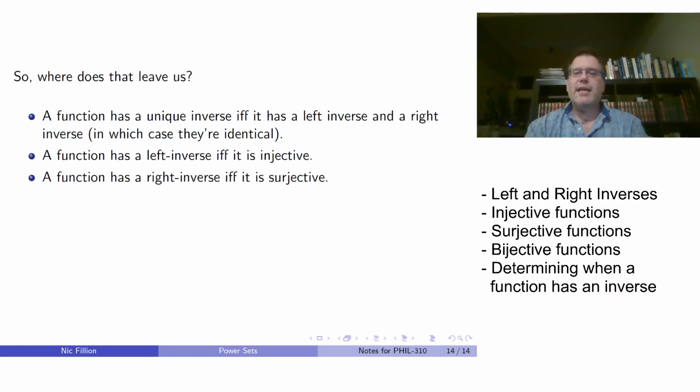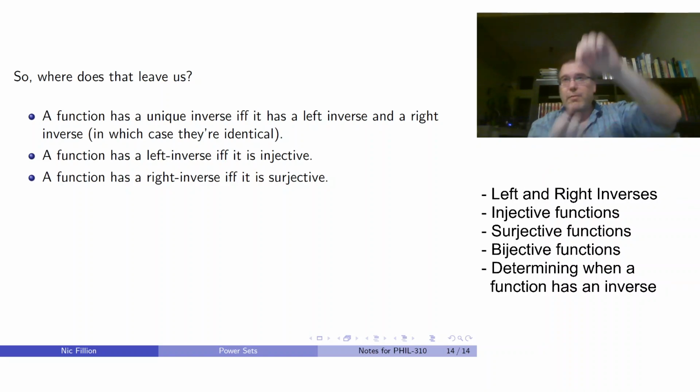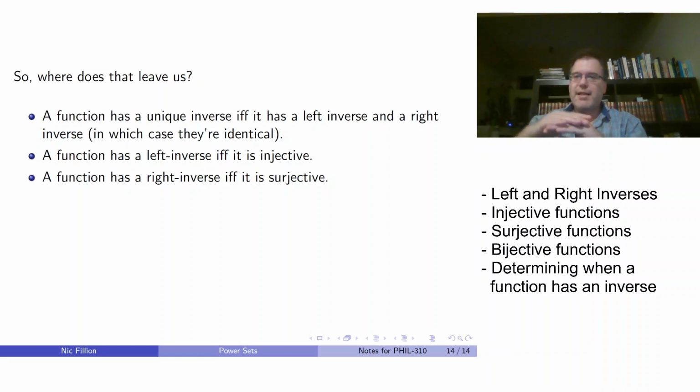And then we saw that a function has a left inverse if it's injective, that is to say, it maps different elements of the domain to different elements of the codomain. And then we also saw that it has a right inverse if and only if it's surjective, which means that every element of the codomain is mapped onto by something.